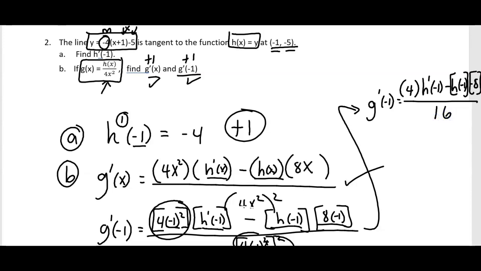Now let's go ahead and take care of these guys here. H prime of -1. Well, we found that earlier. We found out that that was -4. What's h of -1? Well, here's h. h of x equals y. My x value is -1. My y value is -5. So h of -1 is -5.